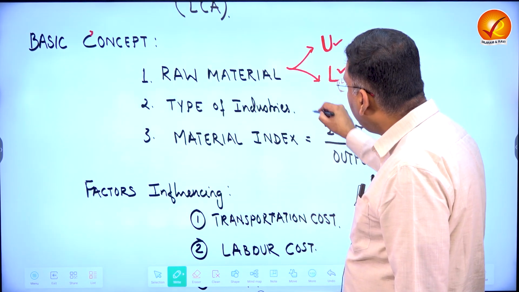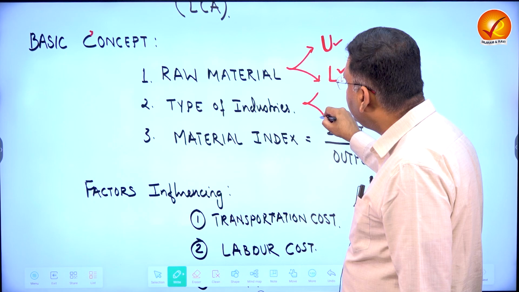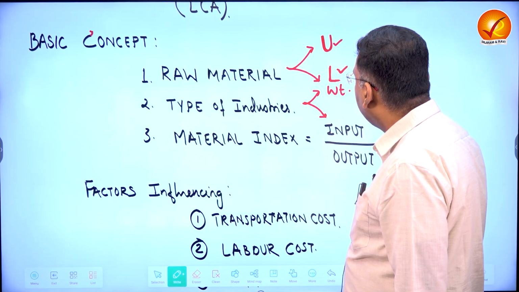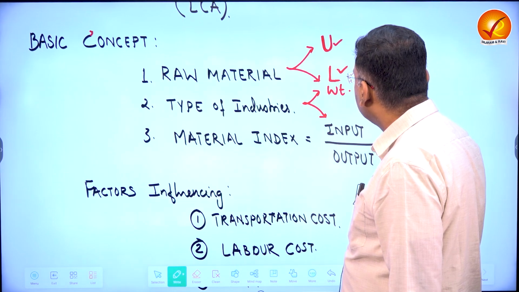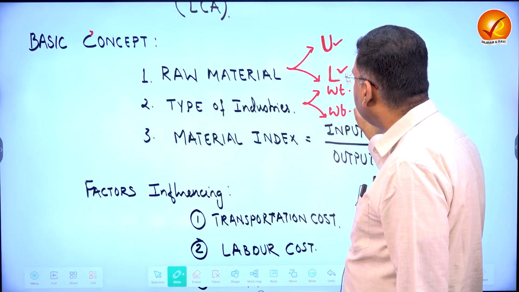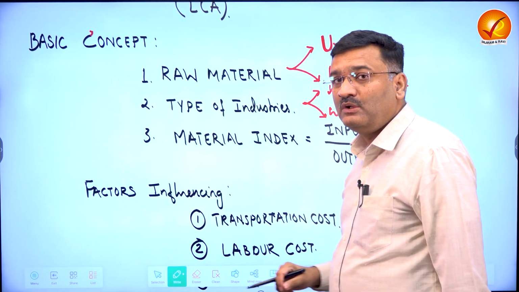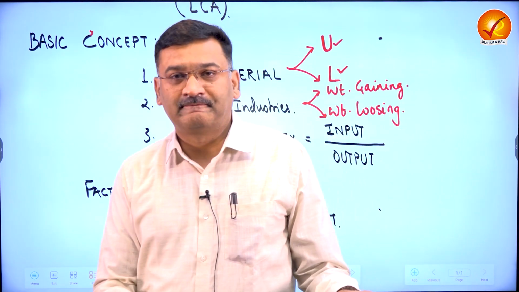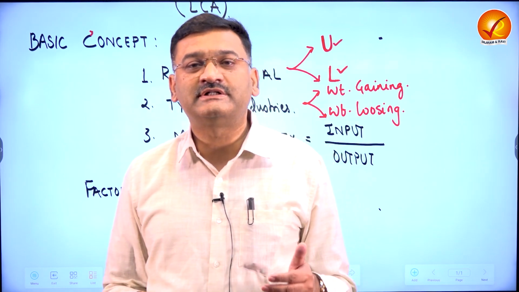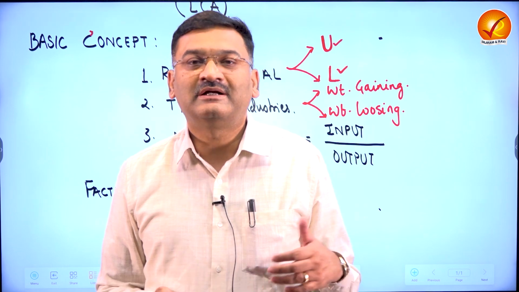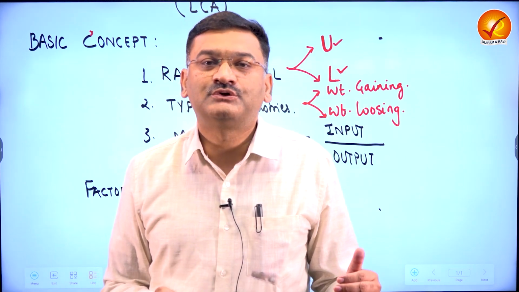Then the type of industry, what type of industry it is, whether it is a weight gaining industry or weight losing industry. So what is the meaning of these two? Weight gaining or weight losing means after processing, what will happen to the raw material. Let us take an example of a sugar industry.